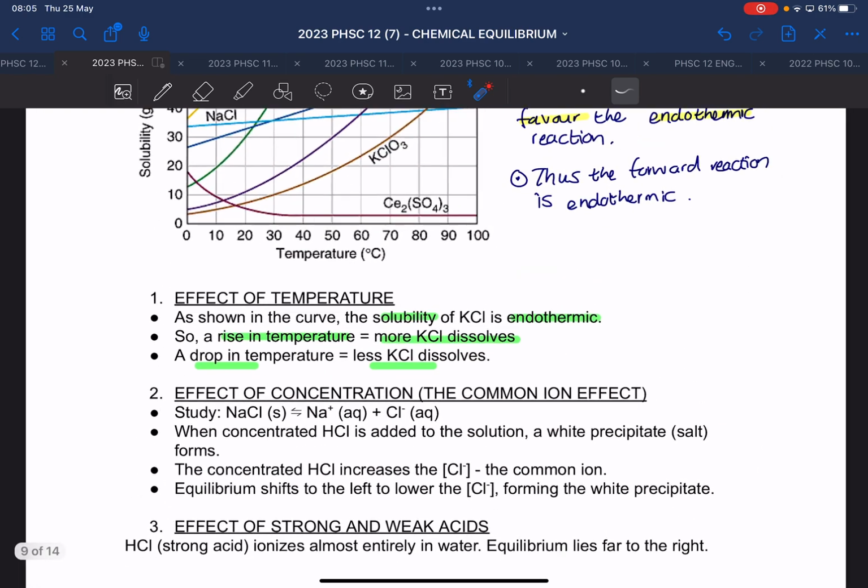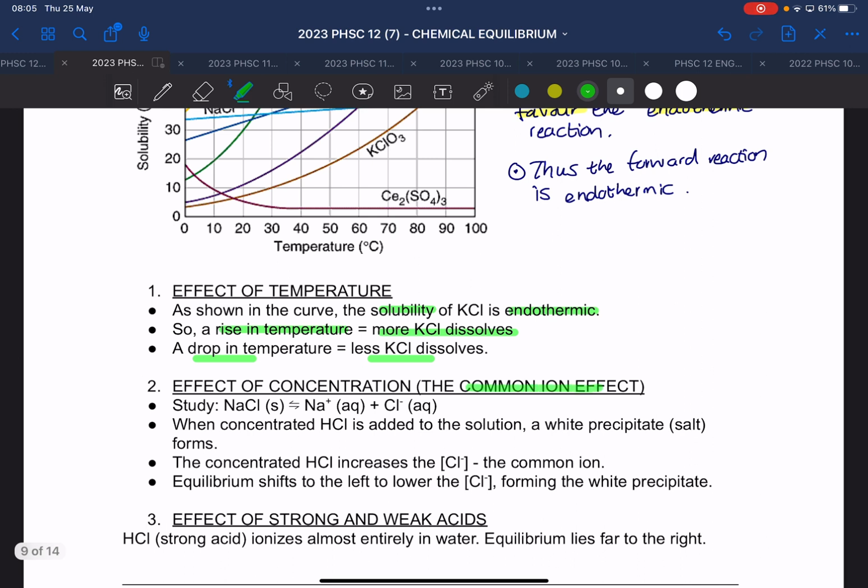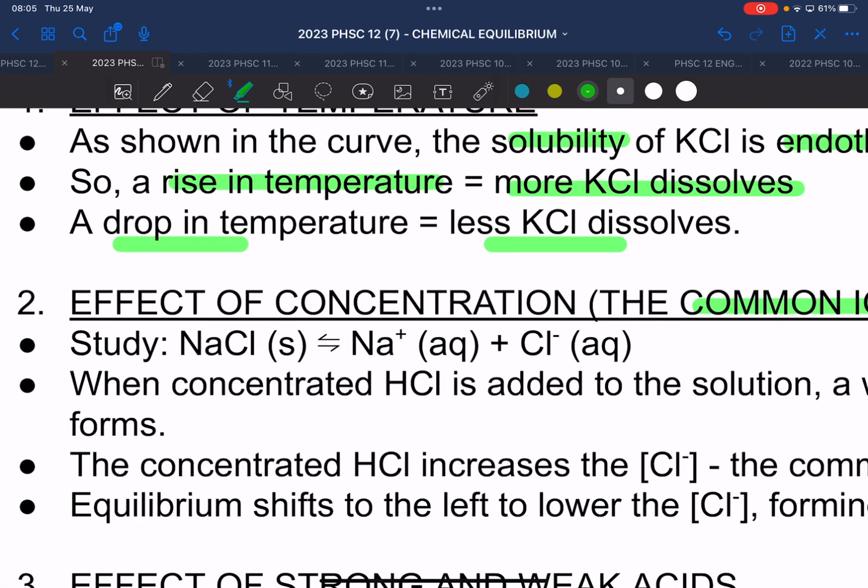Okay, then the effect of a common ion, the common ion effect. If we look at this reaction here, it's normal table salt that we add to water and it dissolves, and it reaches equilibrium.